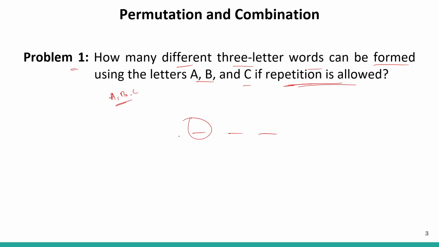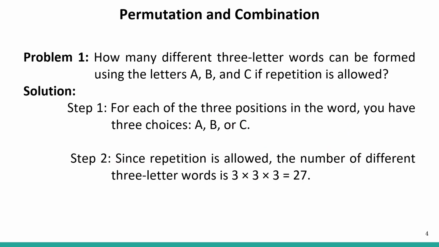For the first position we have 3 options: A can be here, B can be here and C can be here. Then we multiply by the second position, which can also have A, B and C, so 3 options. Then, since the third position has the same options A, B, C, we multiply by 3.